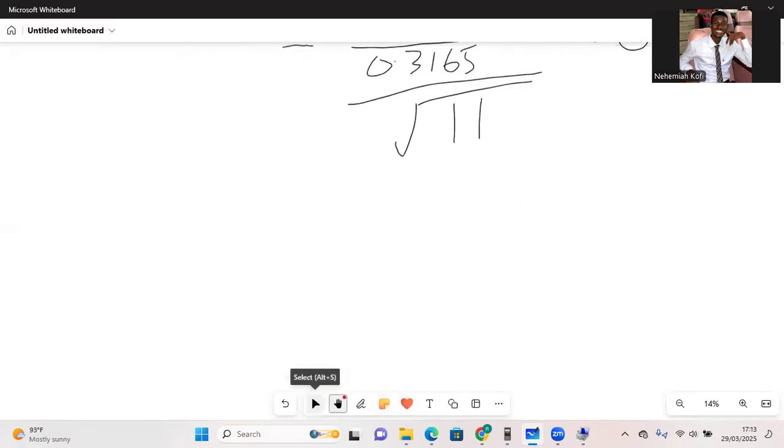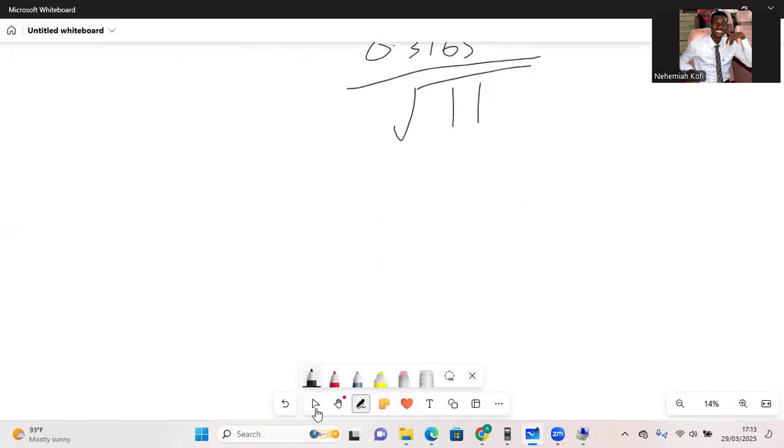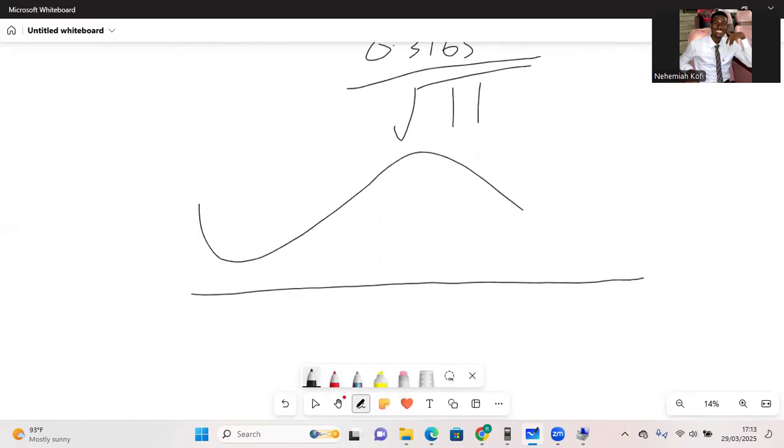Now, we draw a bell shape. Right. And then you see it is T with n minus 1. And because we are having an equal to sign, we are going to have a two tail test. So we are going to find our degree of freedom, which is n minus 1. N is 11, minus 1.